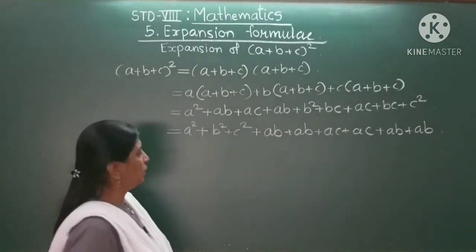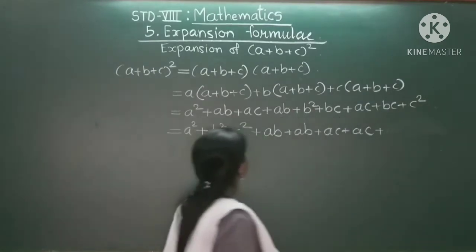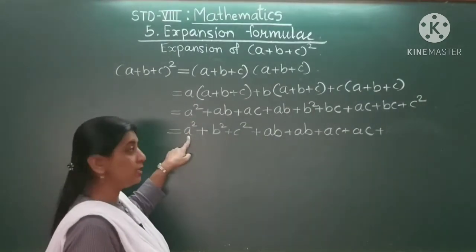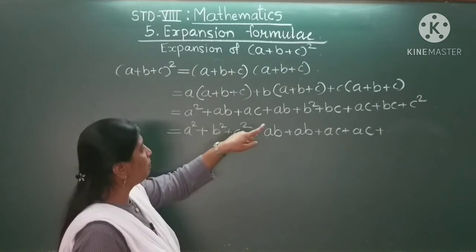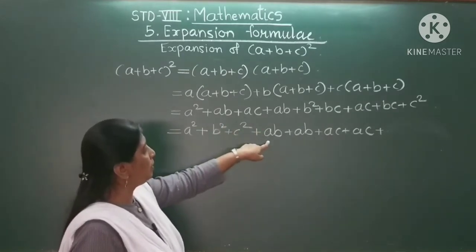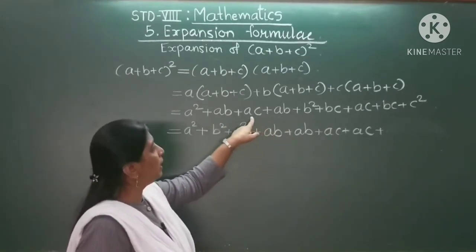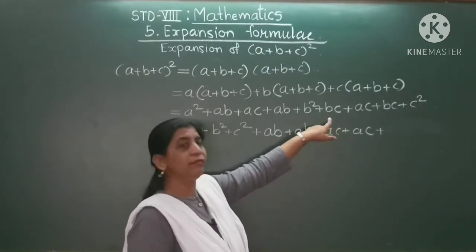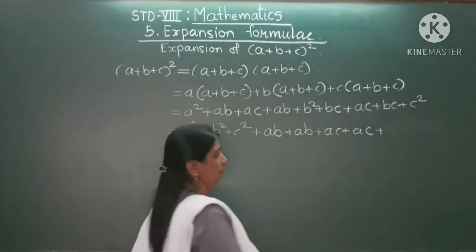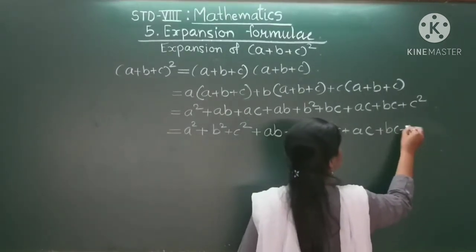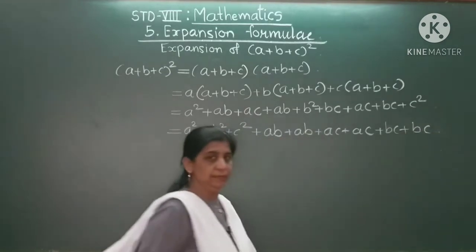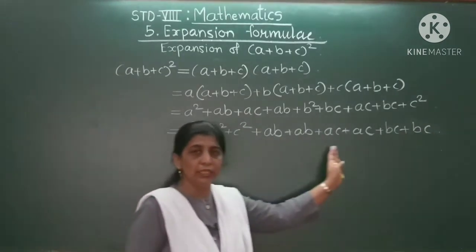So a square plus b square plus c square, plus ab plus ab, plus ac plus ac, and what is left is bc, so I will write bc plus bc. So I have rearranged all these terms.